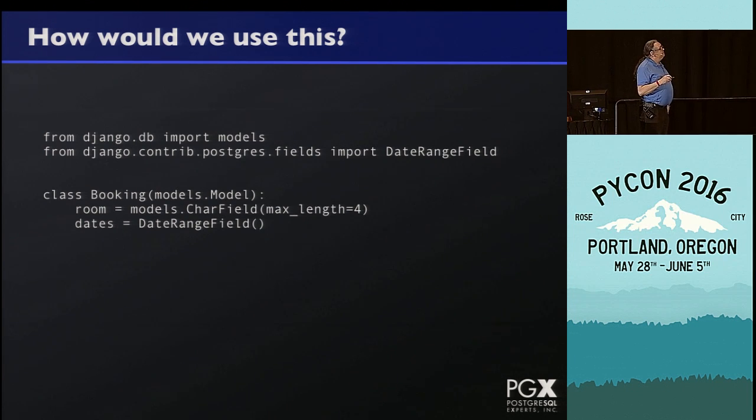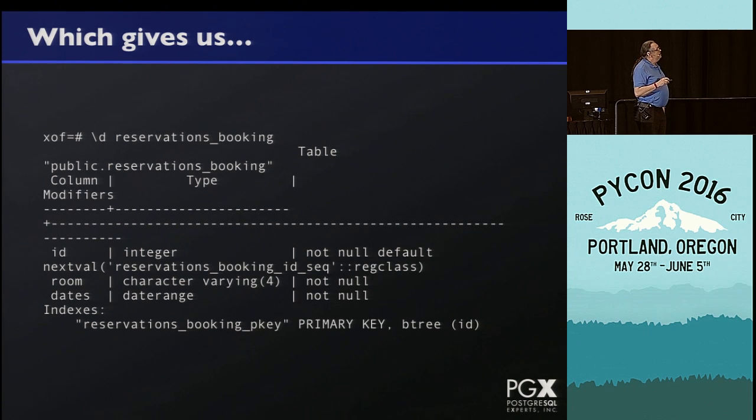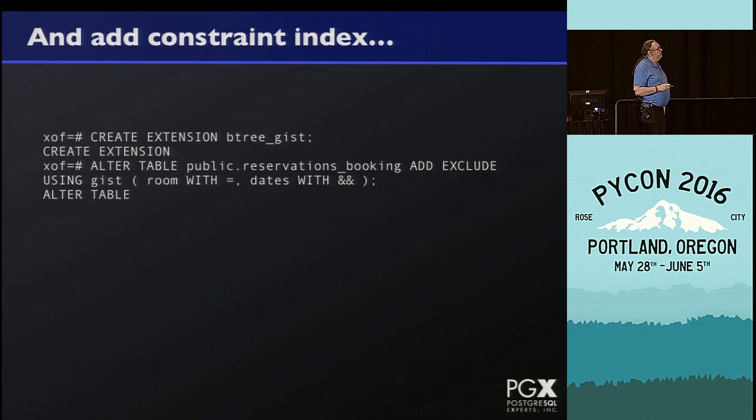We import the usual stuff, and here's our schema. Very sophisticated. Here's the room, here's the dates. And here's what the table then looks like. It created the usual, because Django always creates this, the room and the date, and the primary key on it. That's boring.